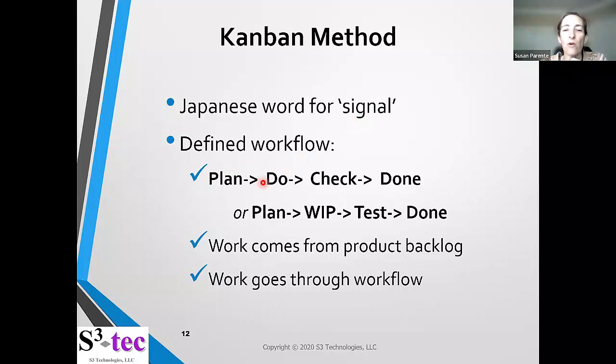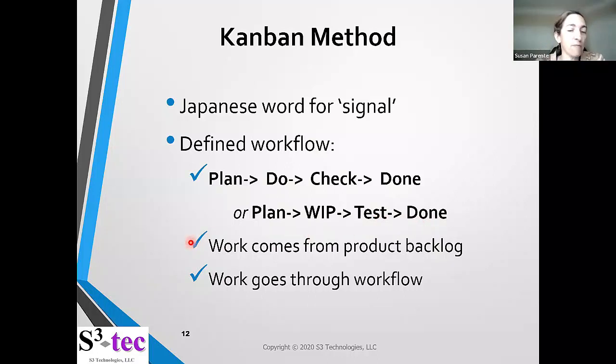You may see plan, do, check, done, or plan, work in progress, test, done, or validate or verify, done. There's always at least a plan, doing, and done at bare minimum on a Kanban board. And I always like to have some sort of check or test, whether it's a peer review or a customer review, before it's actually done.